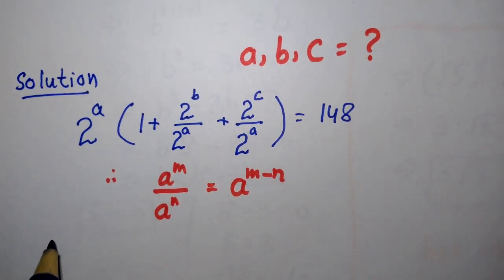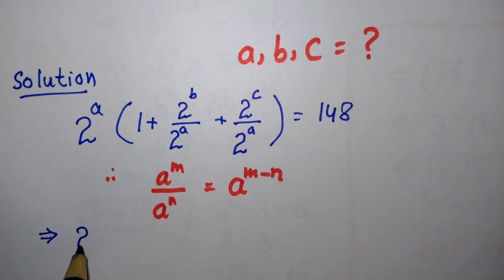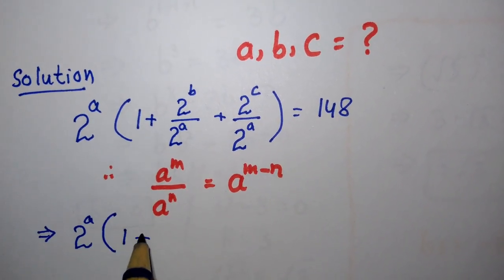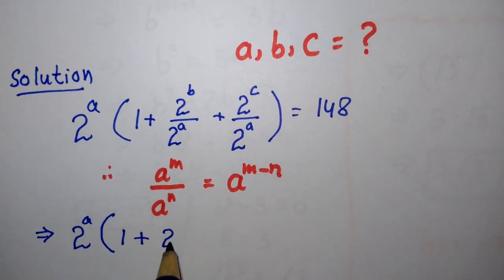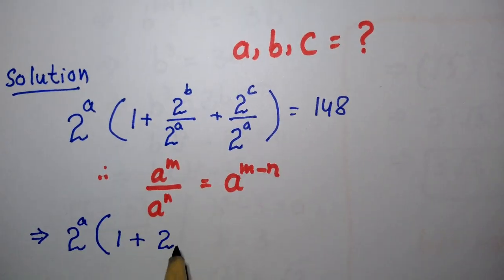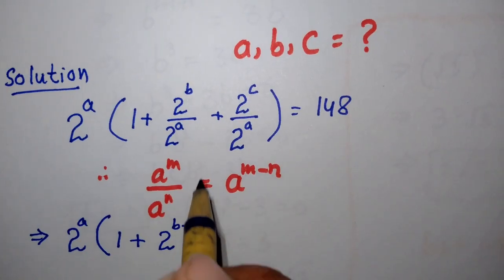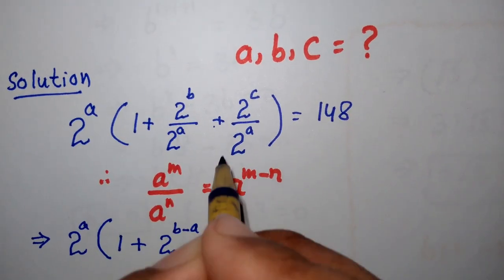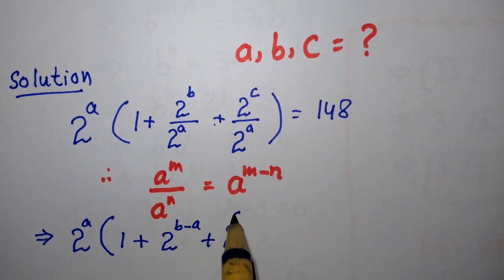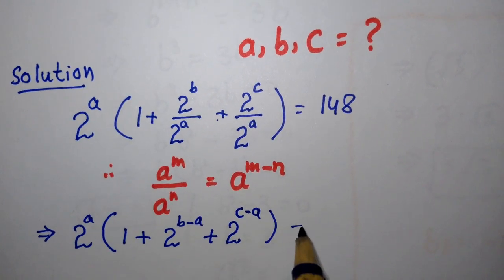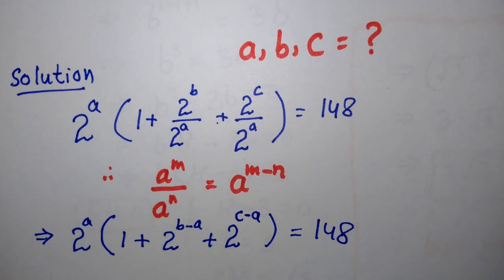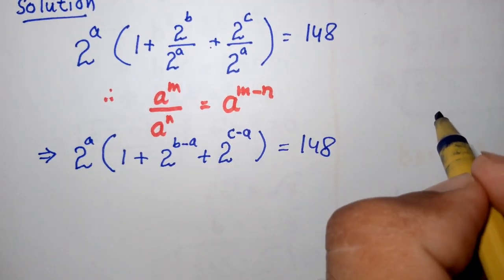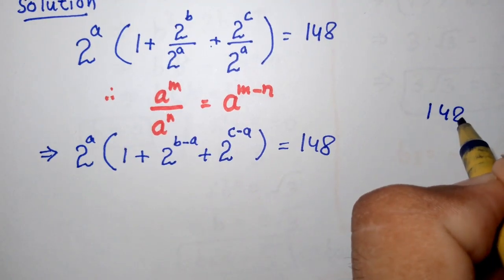So this will become 2 to the power of a bracket 1 plus 2 to the power of b minus a plus 2 to the power of c minus a, by applying this condition, is equal to 148.